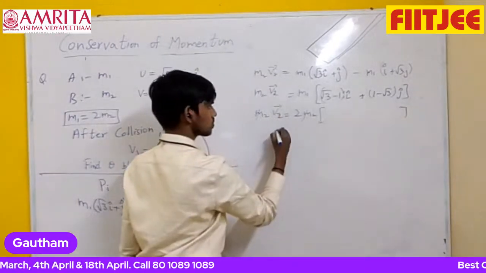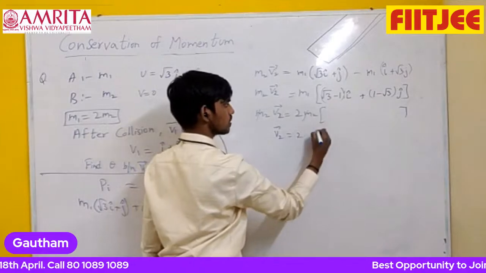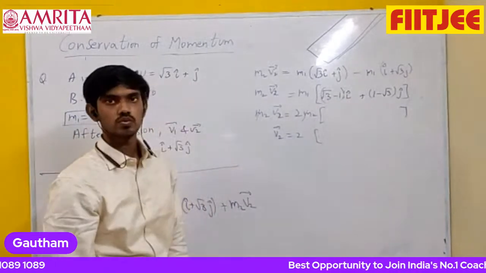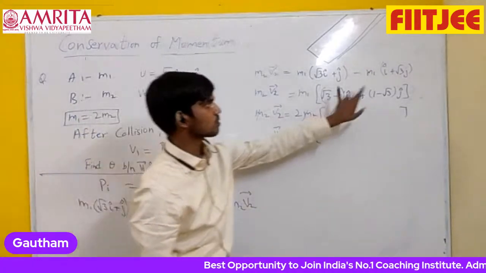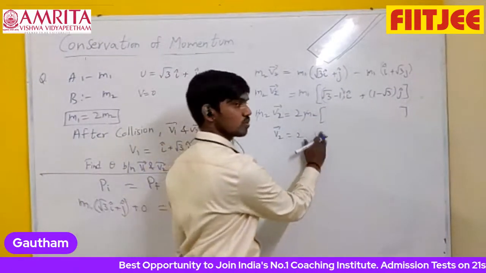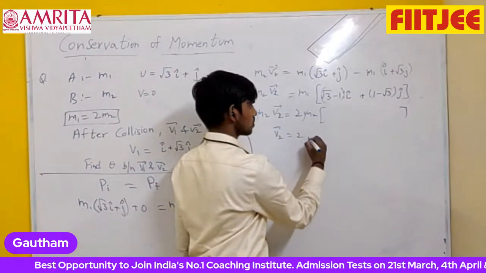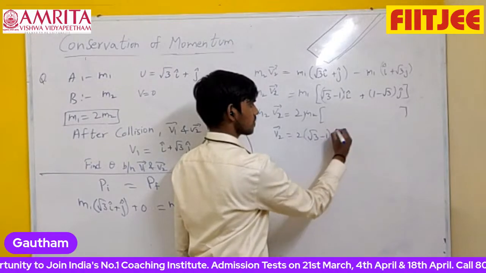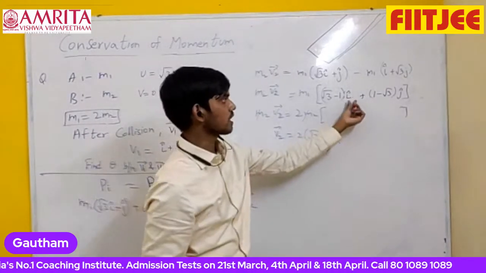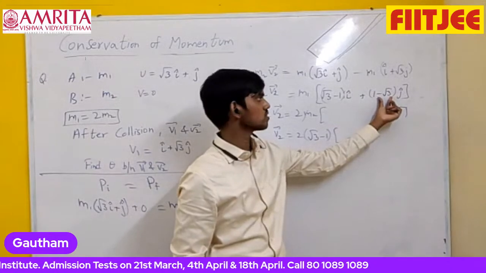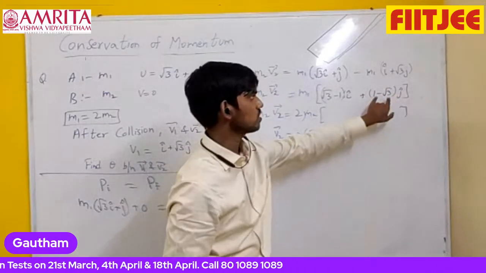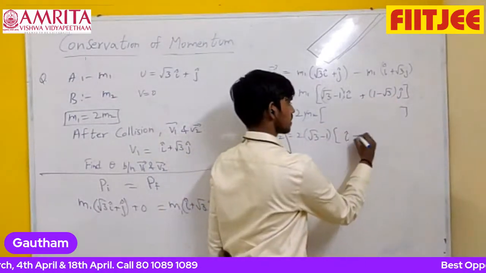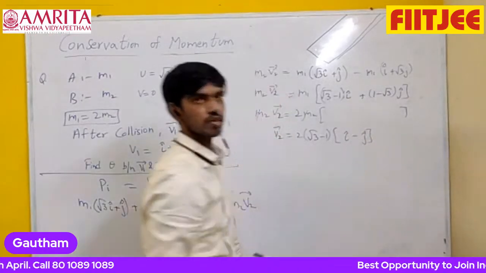So v2 is equal to 2 into this value. We can take root 3 minus 1 common. So 2 into root 3 minus 1 into i cap; here the j cap coefficient is minus root 3 minus 1, since it is 1 minus root 3. So this will be i cap minus j cap.